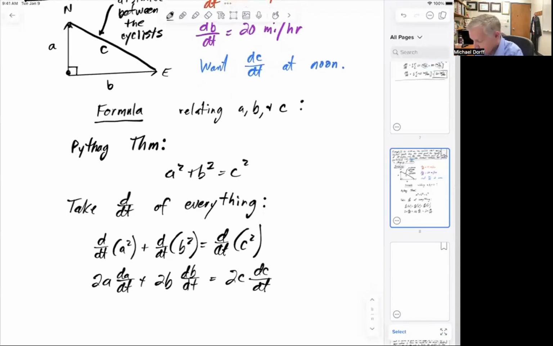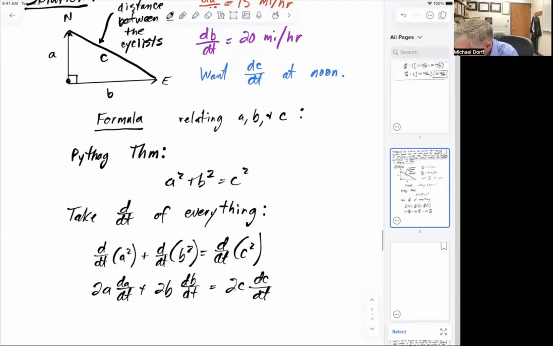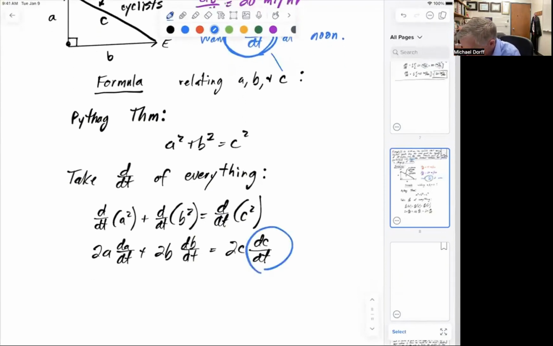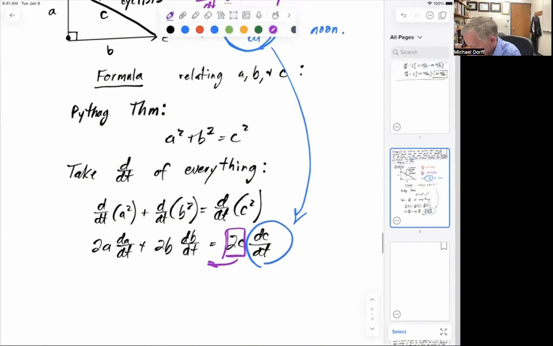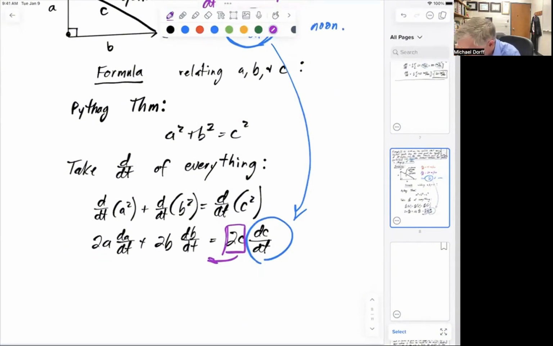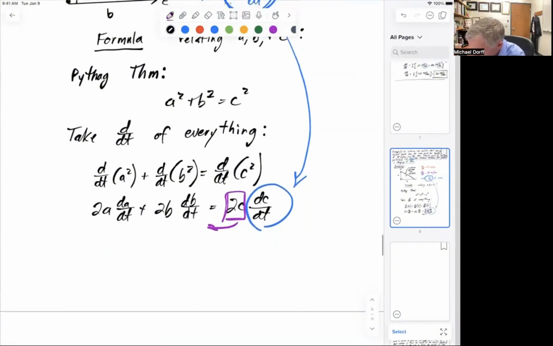If you want to, go ahead. Remember what we're doing here: we want to find dC/dt. So I want to get dC/dt by itself, and I'm going to divide both sides by 2c. So I have 2a dA/dt plus 2b dB/dt over 2c, and that equals dC/dt.